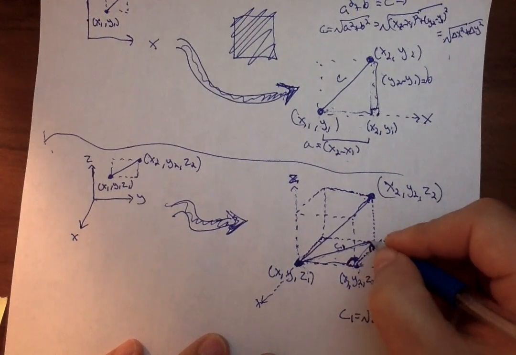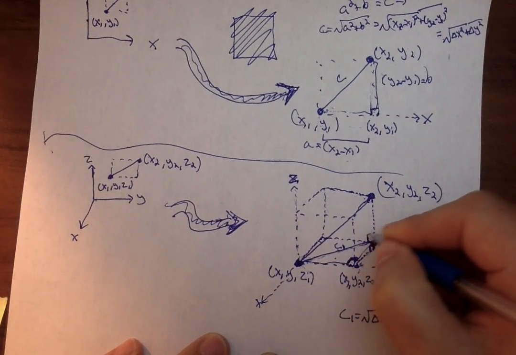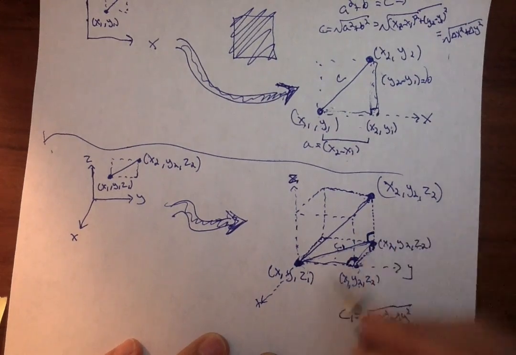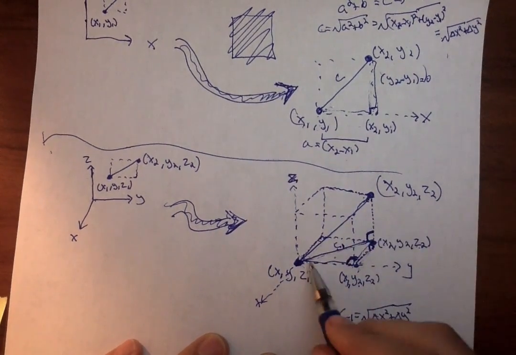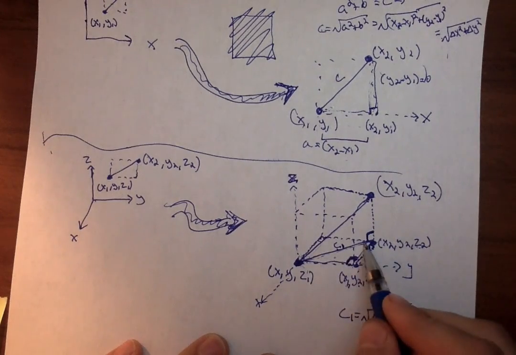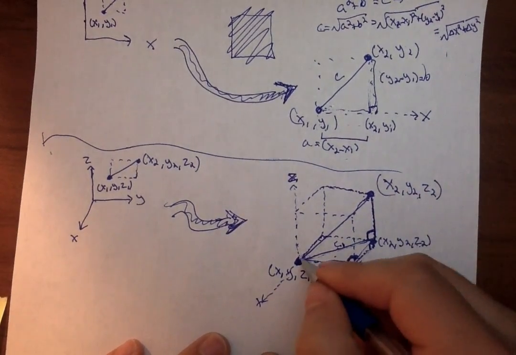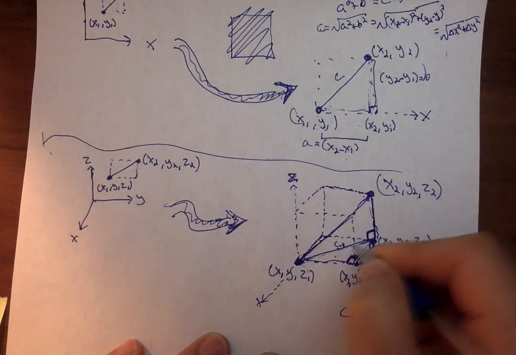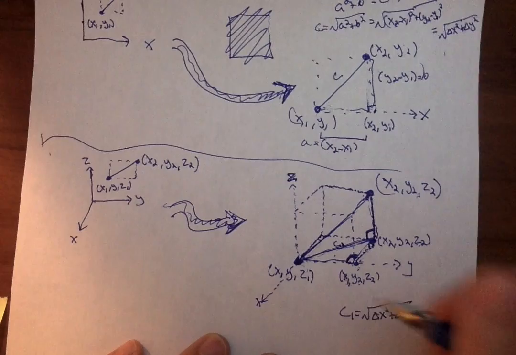Now what I want you to notice is we've created another right triangle here. We actually have another perpendicular angle in between our distance between the 2 points, the distance along the bottom of the box, and this vertical wall here. So if you notice, this is a right triangle going from one corner of the box to the other.